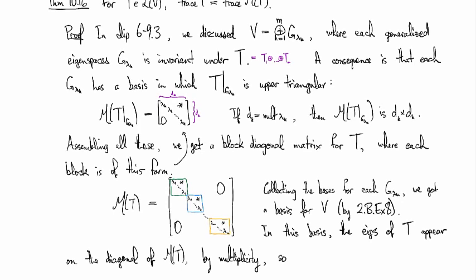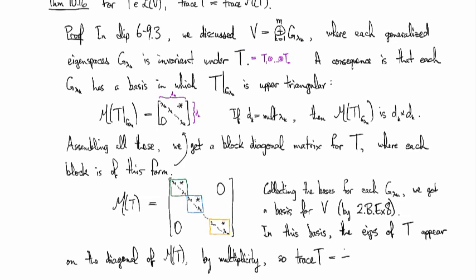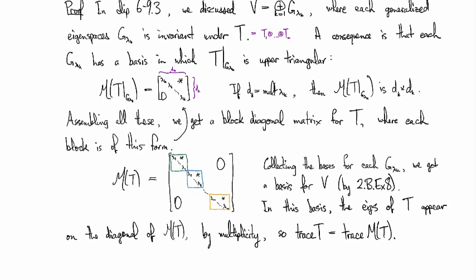And so then that tells you that the trace of T, which is the sum of the eigenvalues, is equal to the trace of this matrix that we've just written down here, this block diagonal thing. But then by our previous result, 10.15, it's independent of basis.